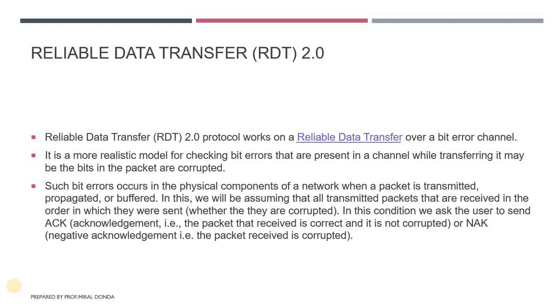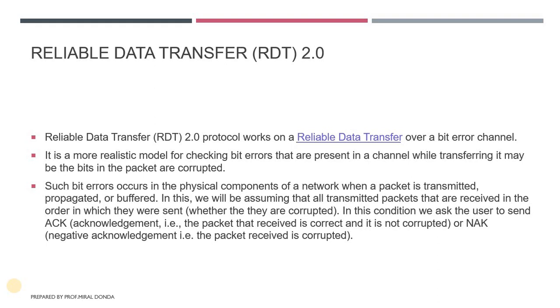In today's lecture, we are going to learn about Reliable Data Transfer 2.0. So let's start. The Reliable Data Transfer RDT 2.0 protocol works on reliable data transfer over a bit error channel.